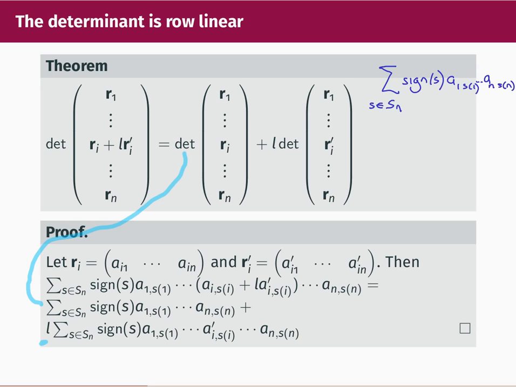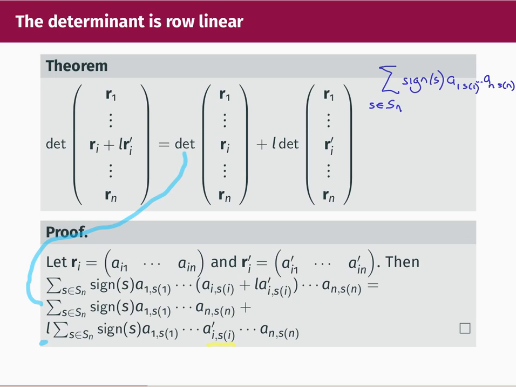Now, the term that you get will look like a1 s of 1 up to a(i-1) s of (i-1), and then the row i term would be ai s of i prime. Then you keep going from a(i+1) s of (i+1) up to an s of n.